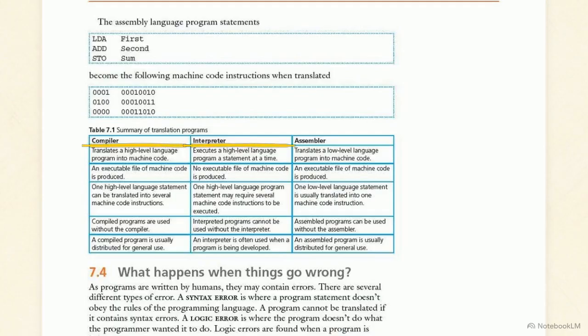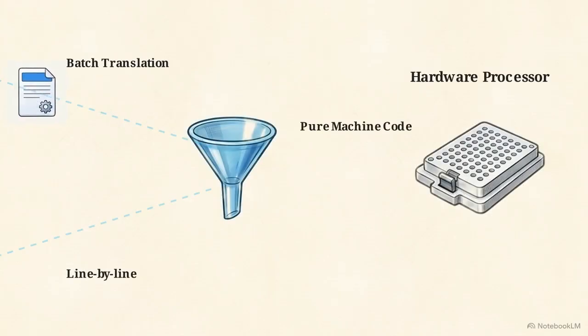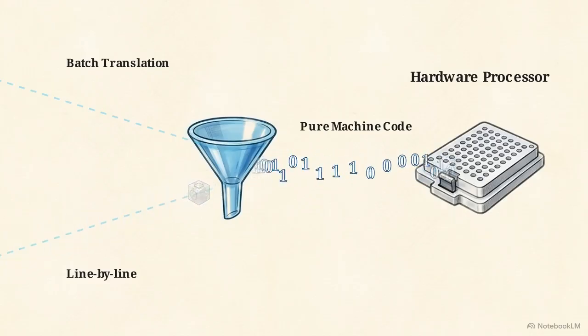This summary table explicitly outlines the exam criteria for these two tools. You must contrast the compiler's entire program translation and executable output against the interpreter's line-by-line execution. Ultimately, whether you compile your code in advance or interpret it on the fly, the final output is pure machine code, ready to be fed into the processor.